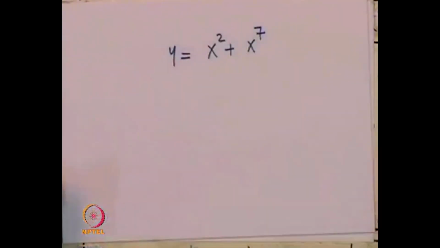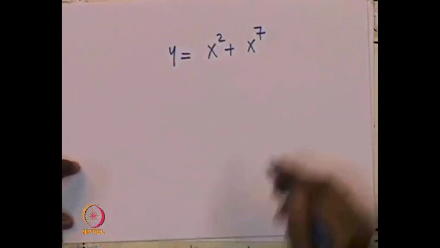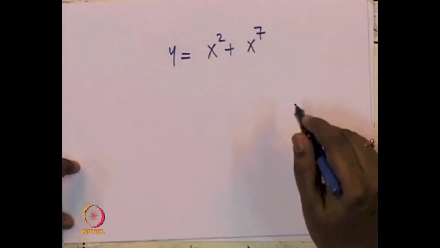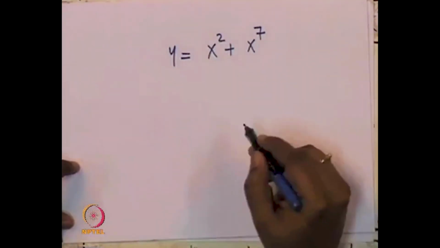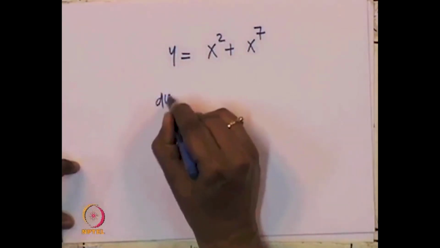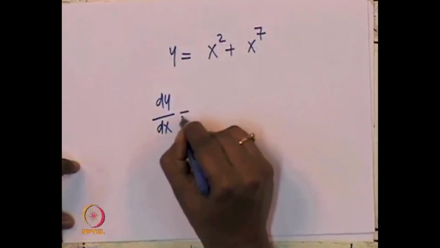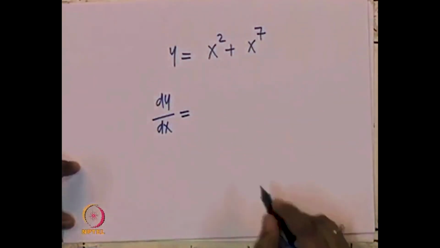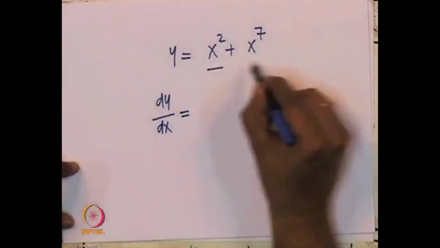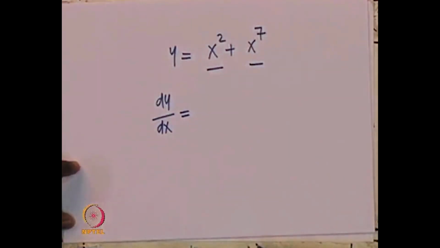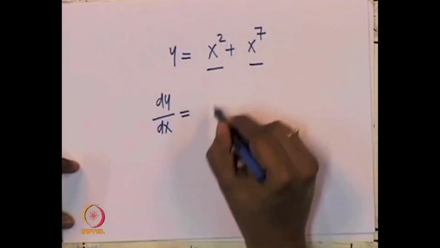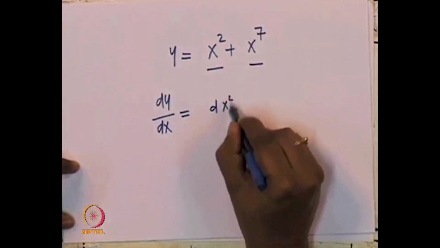So what happens when y is a sum of two functions? It turns out that the derivative is equal to: you can find the derivative of this and this separately and sum them. So the derivative of the first quantity.